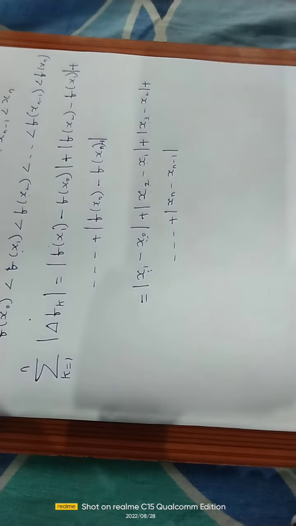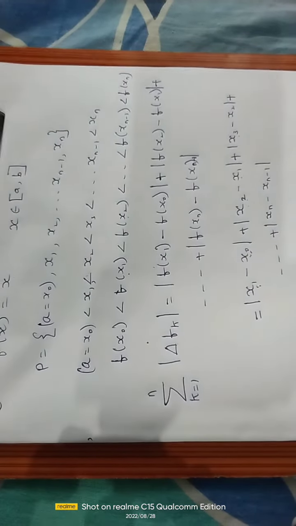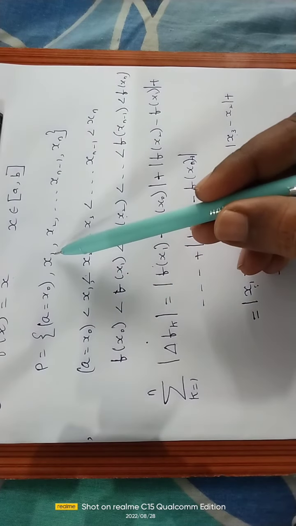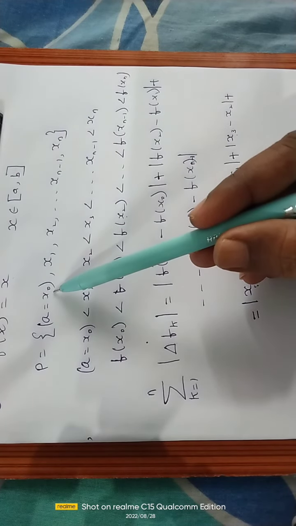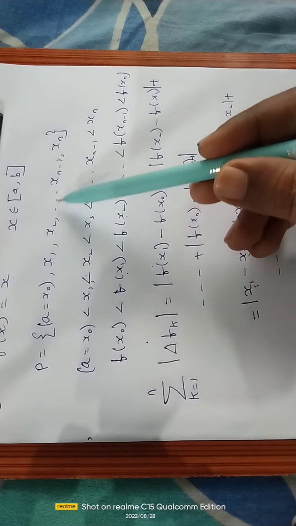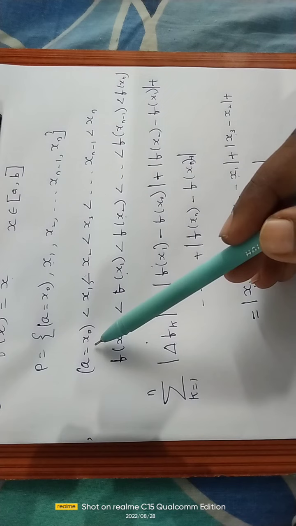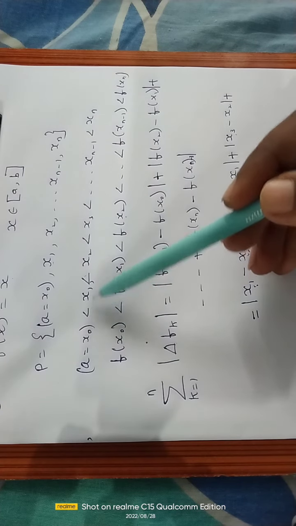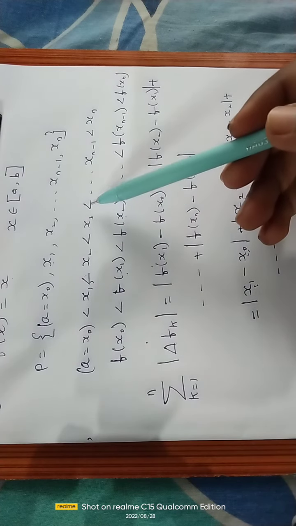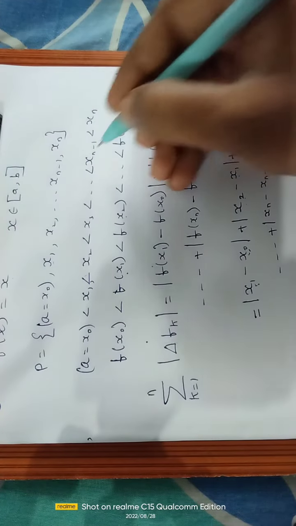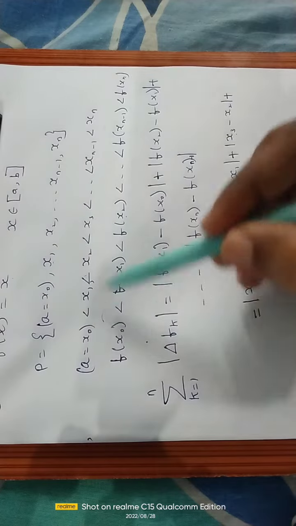Since we have made the partition in that form only, p equal to x naught, x1, x2, x3 so on to xn minus 1 comma xn. So this will be of the form a equal to x naught less than x1 less than x2 less than x3 less than x4 so on up to less than xn. So it is an increasing order.